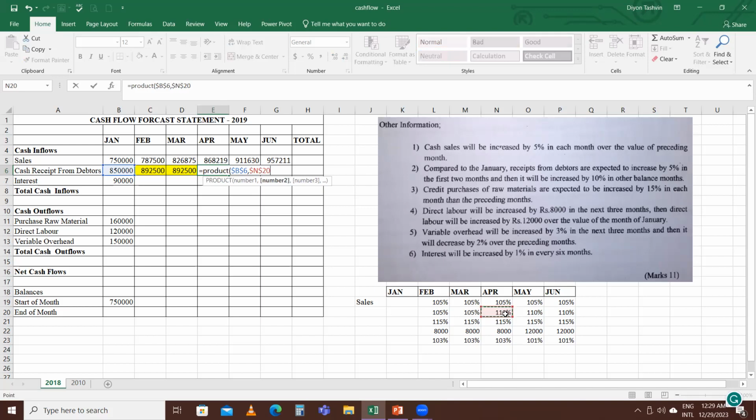So I'm going to fix this one as well because the rate is fixed and it will be increased by 10%. Now you have to remember, if you are using this product function, you should always have this rate table with you. If not, it will be difficult for you to refer to the cells.